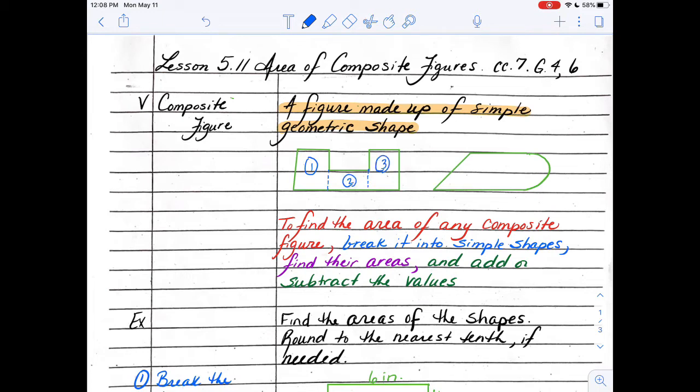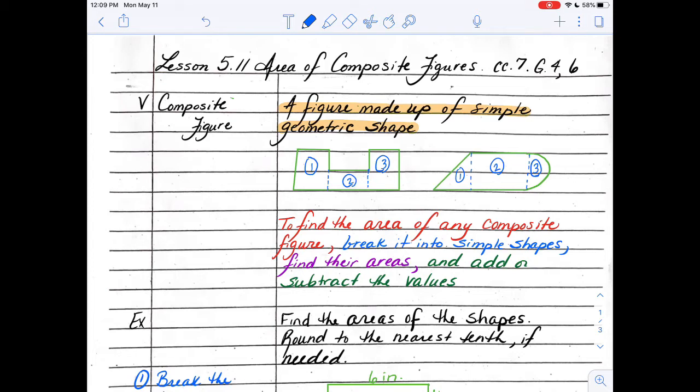So that's actually 3 rectangles put together to make that one composite figure. Same thing over here. If I put a little dotted line, I see a triangle. Put a dotted line down here, I see a rectangle, and then I even see a half a circle over here. So those are what we call composite figures.